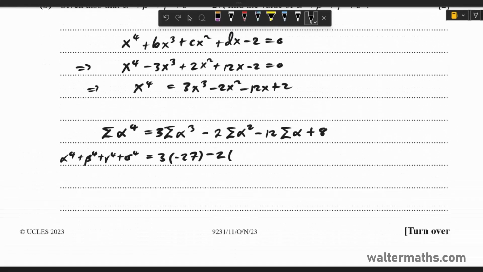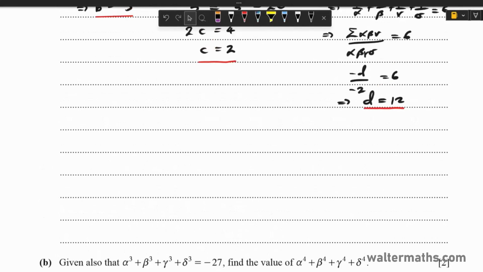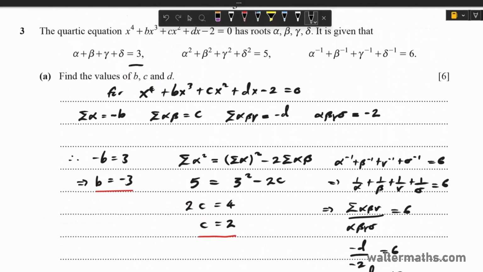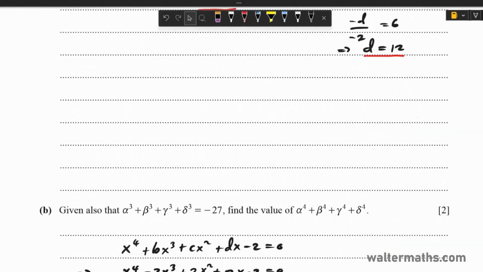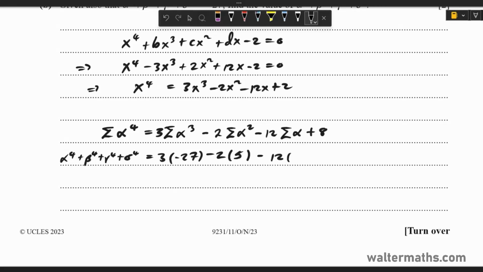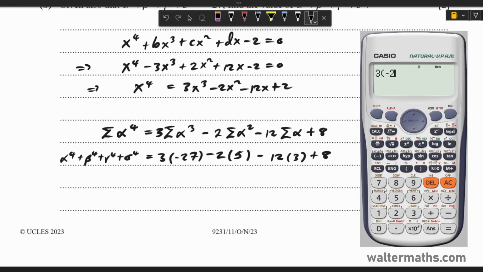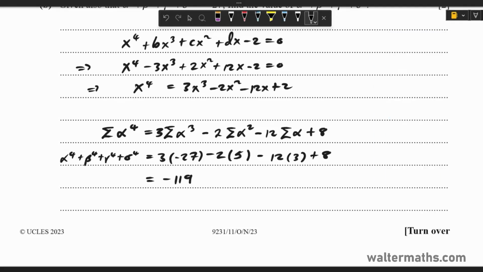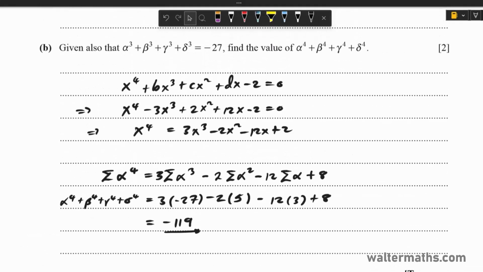So we have 5, and it's minus 12 times the sum of roots. The sum of roots is 3. So we will have 3 here, and it's plus 8. All right. So if we calculate this, we will certainly get minus 119 for our answer. So this is the answer we get for this particular question. That's how we do it.